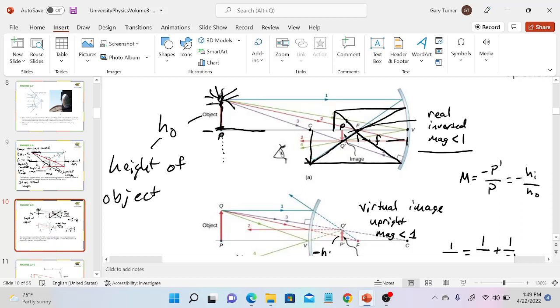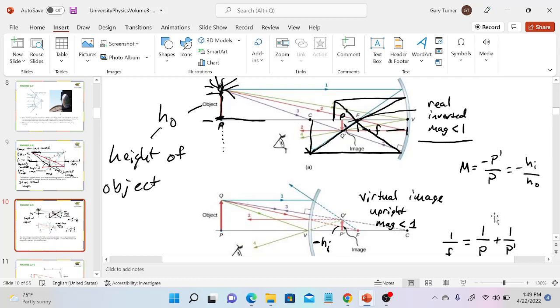So when you bring things closer and closer to a concave mirror, you'll notice that the image that you see in the mirror starts out very small and inverted, and as you bring the object closer, it gets larger and larger and larger and larger.